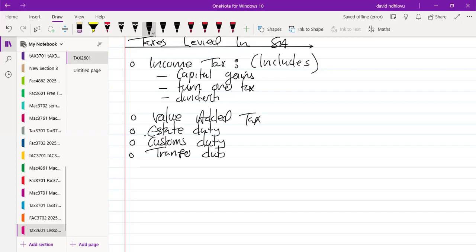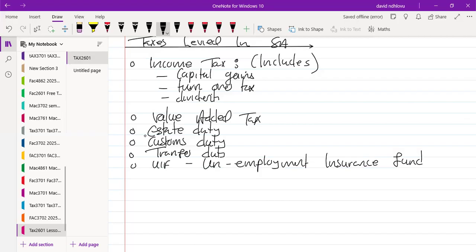We also have what we call UIF, the Unemployment Insurance Fund, very popular, especially around the COVID lockdown.